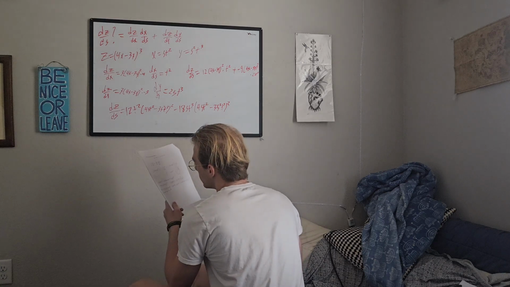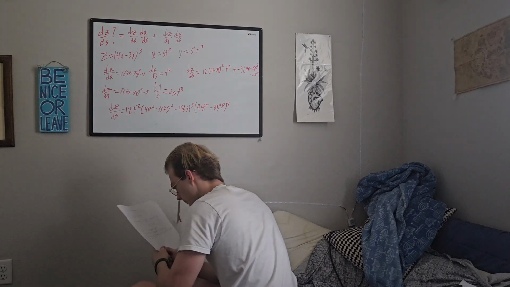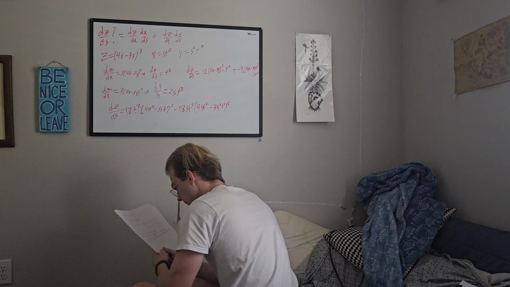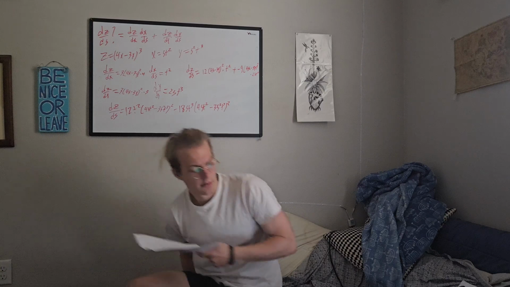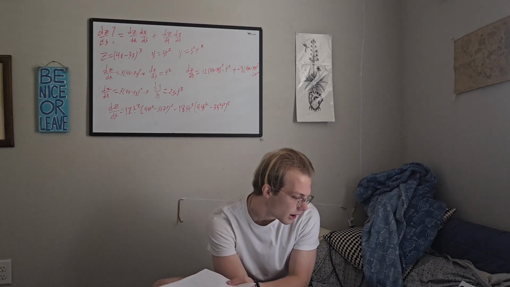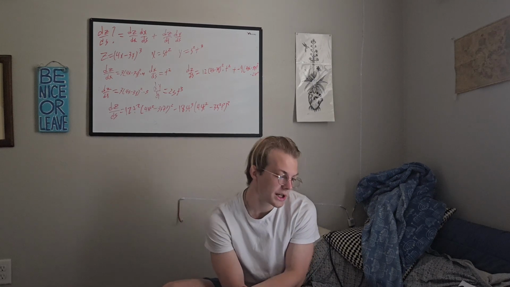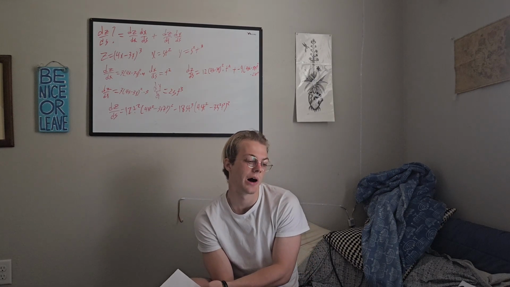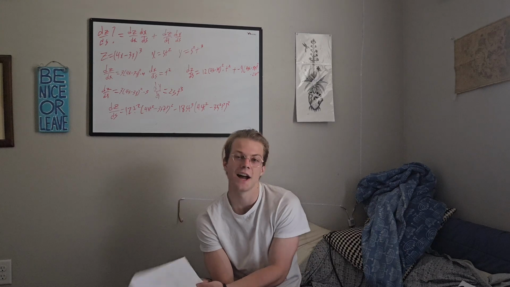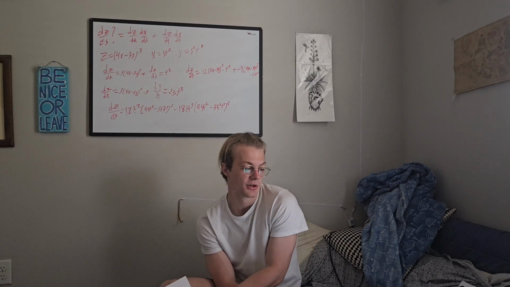Let's see. I made it a little difficult to understand on my version. Let's look at the test solution version. Yeah, she didn't even plug in x or y. I didn't have to do that for you, but you're supposed to.